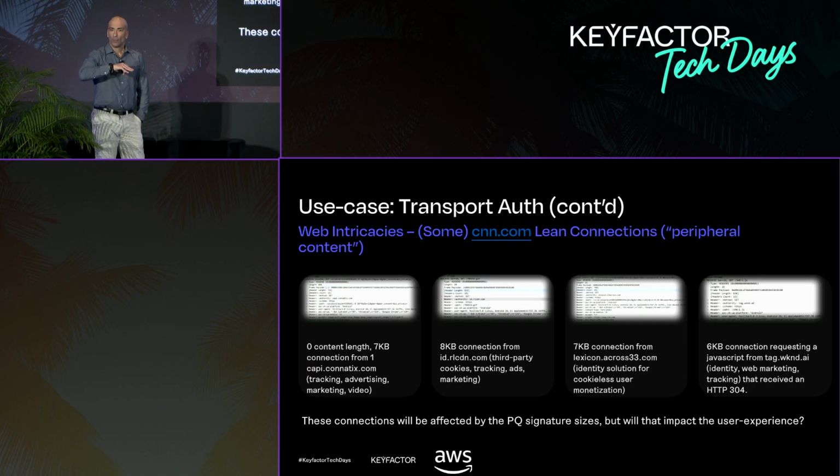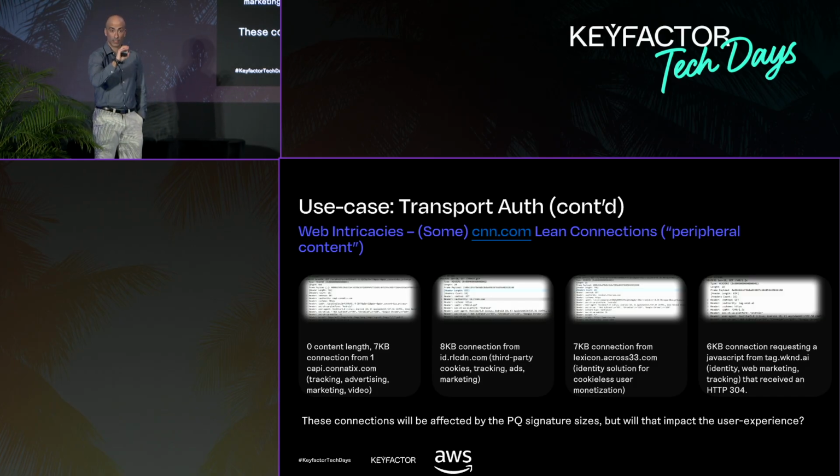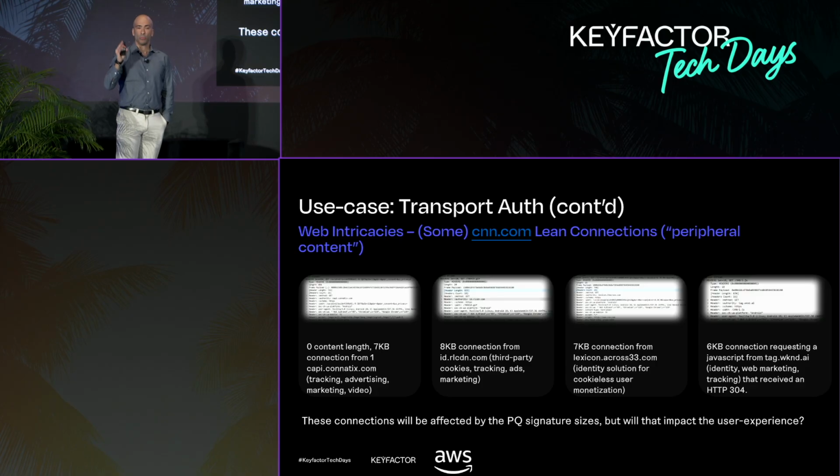So I cannot talk about the whole internet, but I can talk about CNN. In this example that I was looking at, there were many connections of these little ones, transferring 8 kilobytes, 0 kilobytes, 7 kilobytes, or 6 kilobytes.